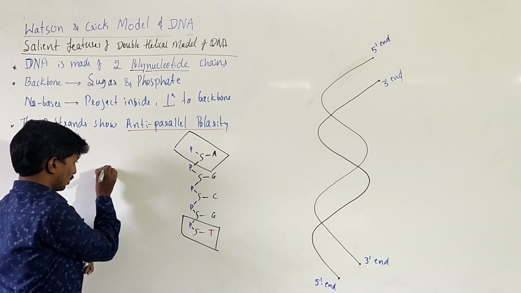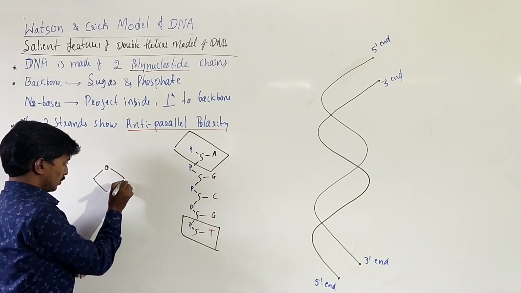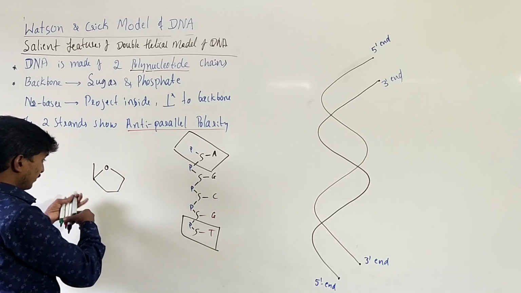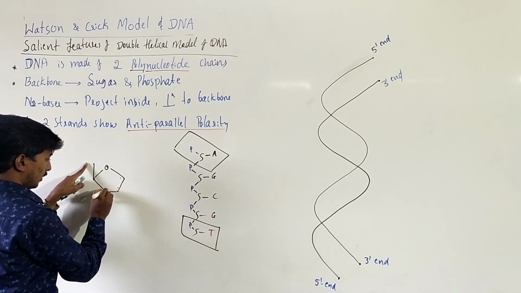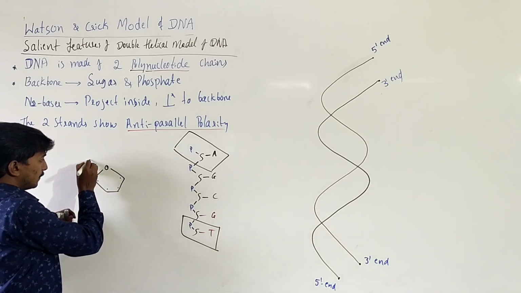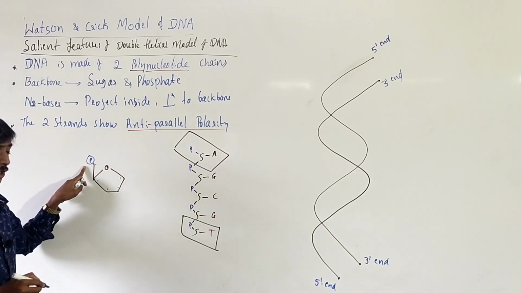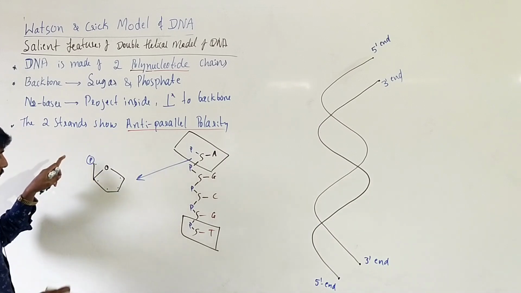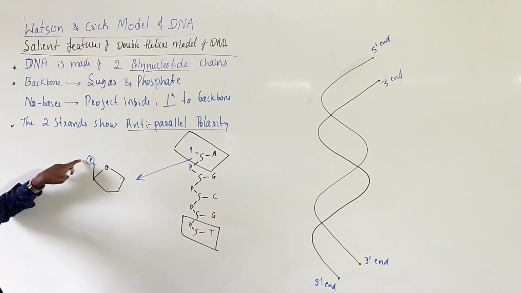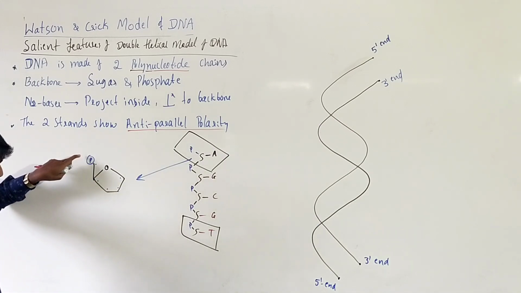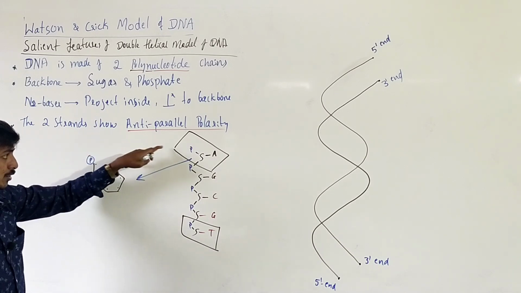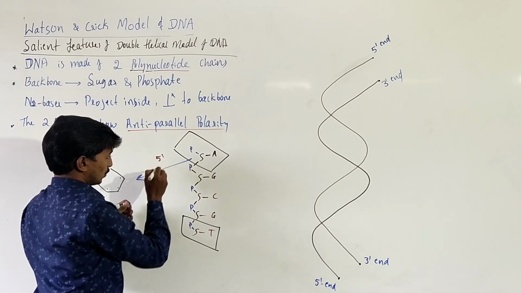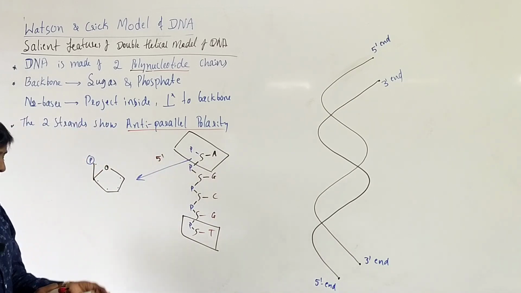When we draw a diagram of pentose sugar, the 5th carbon, 1, 2, 3, 4, 5, the 5th carbon will have a free phosphate group in this nucleotide. Hence, this end is known as the 5' end.